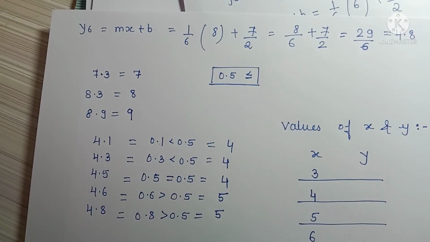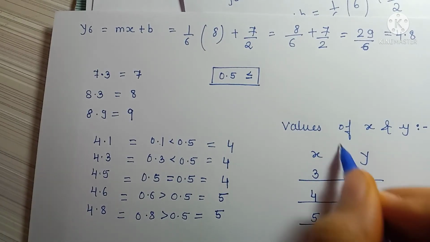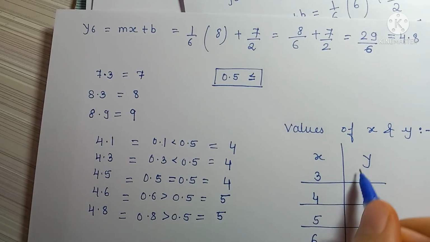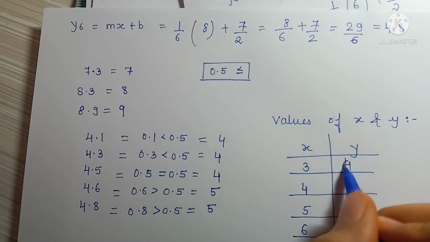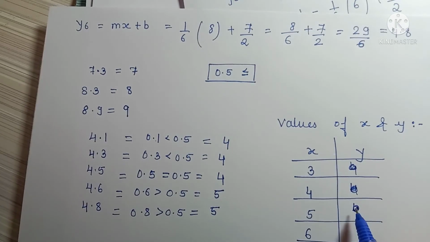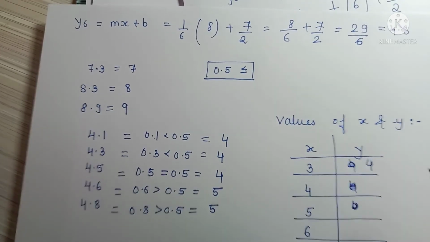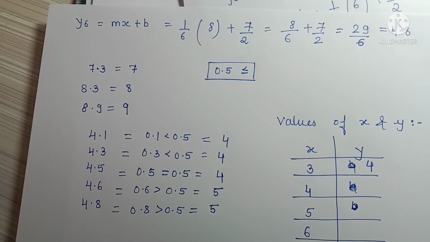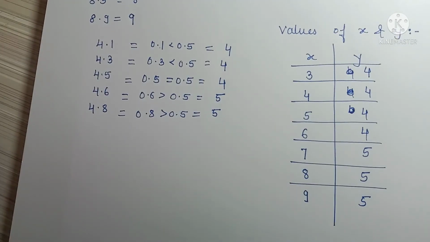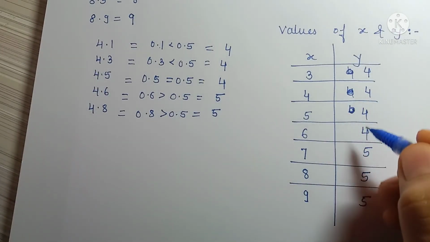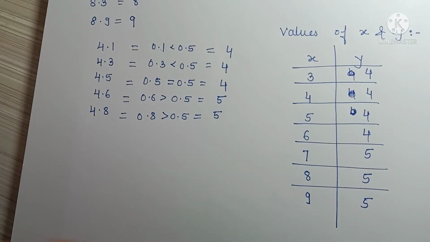Now what are the values of y? 4, 4, sorry. For 3 in the question it is given 4 and for 9, 5. So 4, 4, 4, 5, 5. So this is our chart. These are the values of x, these are the values of y, and we can easily plot our line.